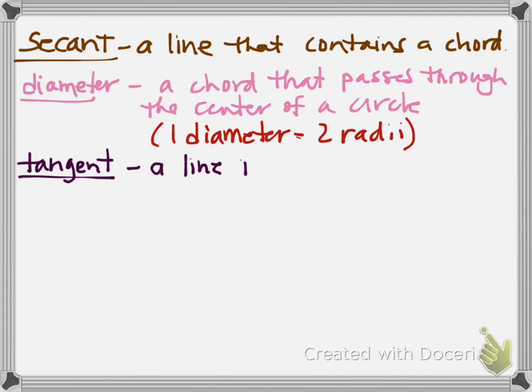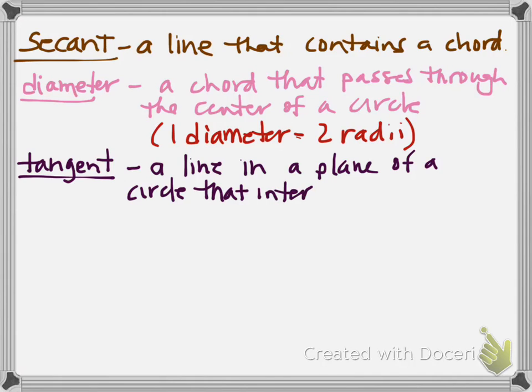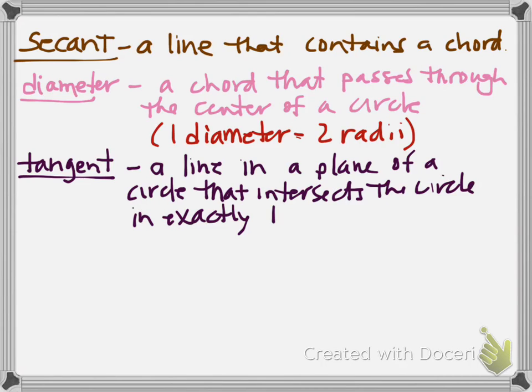A tangent is a line in a plane of a circle. The reason why we have to state that is to say that it's in the same area as the circle. So it's a line in the plane of a circle that intersects the circle in exactly one point. Okay? And we actually have a name for that point.